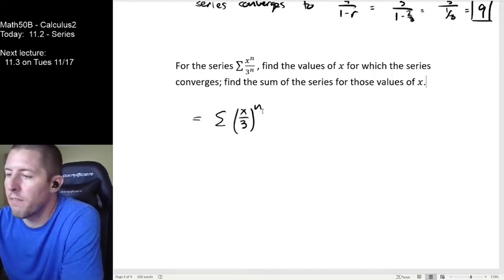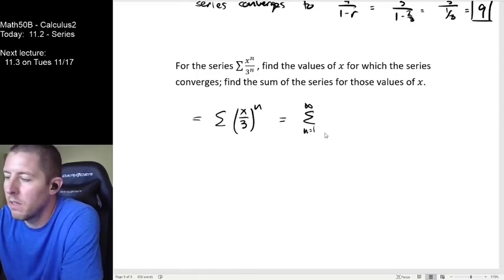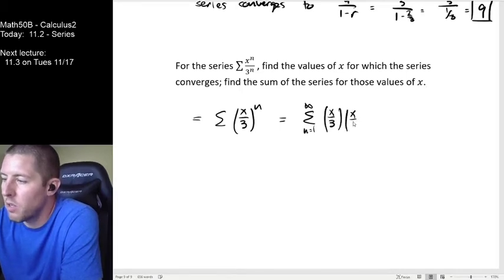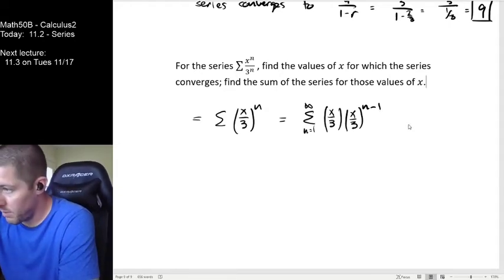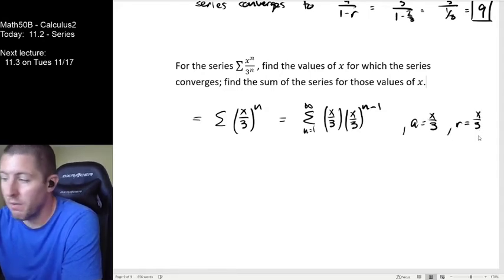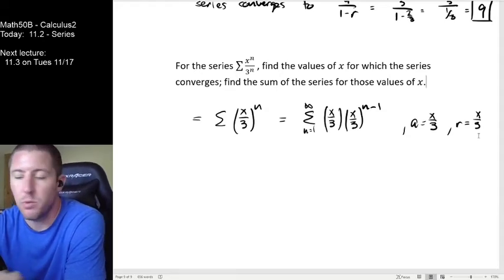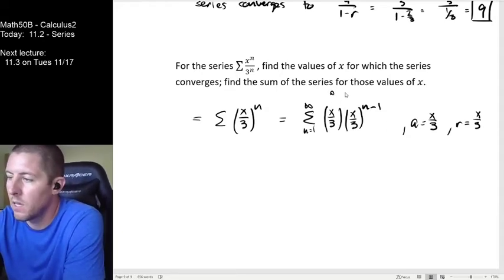So this looks sort of like a geometric series formation, but I want that to be n minus 1, so that I can write this now as x over 3 times x over 3 to the n minus 1. I'm picking off one term just to let it represent a. So we have a equals x over 3, and r also equals x over 3 in this case. It looks like they match. We've got a, we've got r.